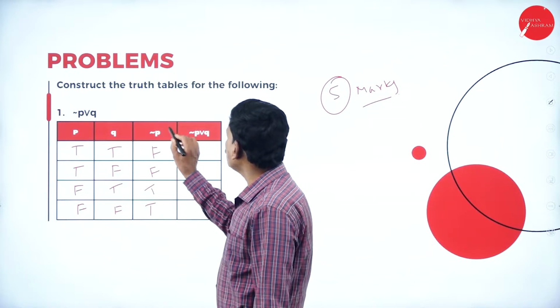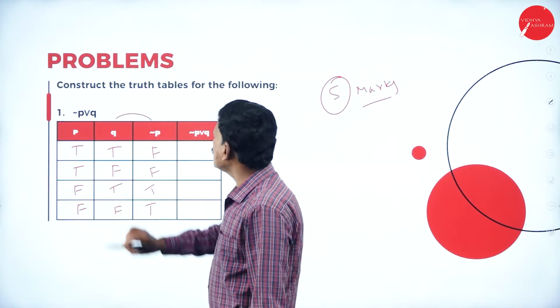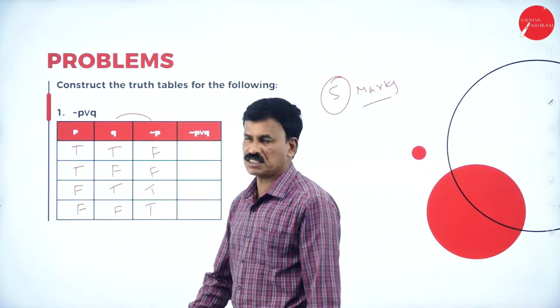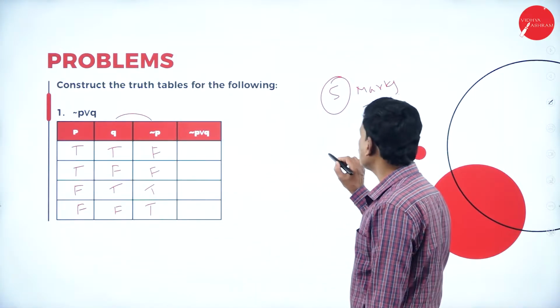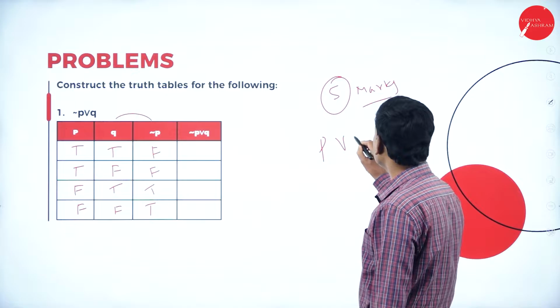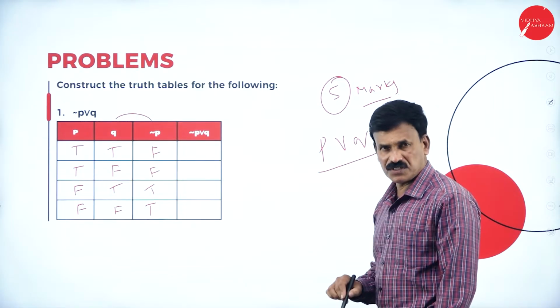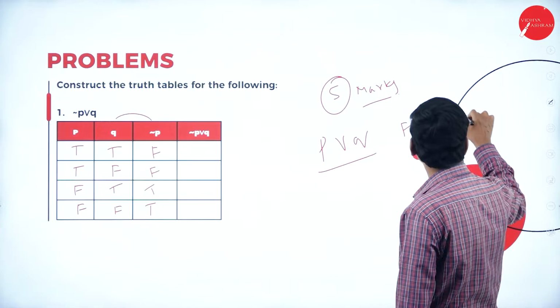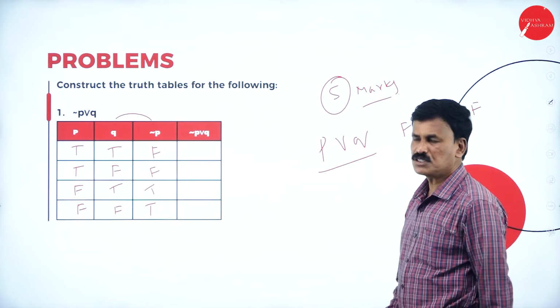Now, just write down the disjunction for negation P and Q. In case of disjunction, P disjunction Q, false and false is false, remaining are all true.